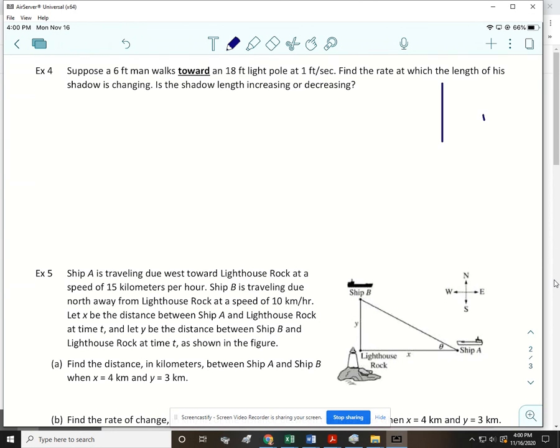We have a 6-foot guy, and the ground, and shadow.